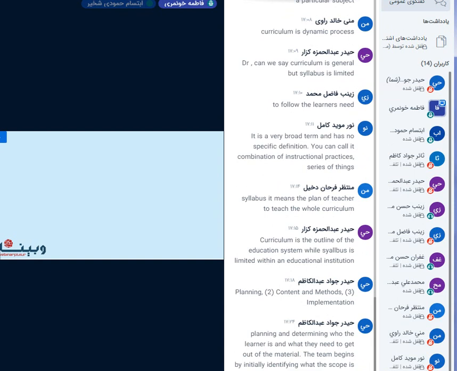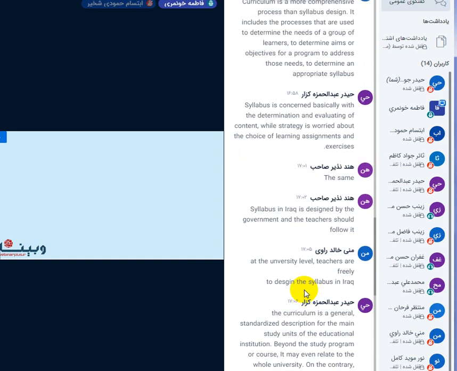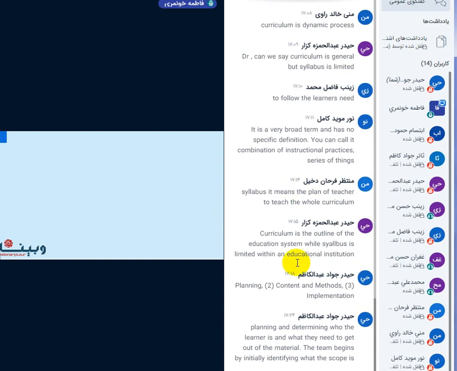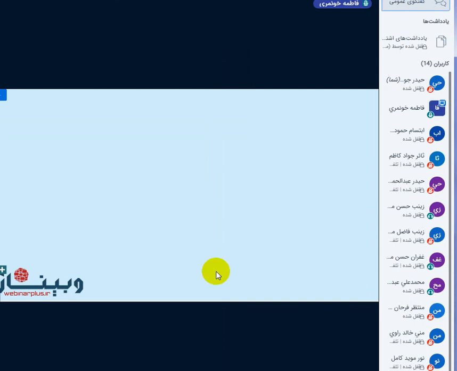Very good. Excellent. So that's absolutely what happens at the planning stage of the curriculum development process. This is the first stage. So you can see, since here you're thinking about the materials, you're thinking about the content, you're thinking about the activities and tasks, and how the content is going to be taught to the learners.